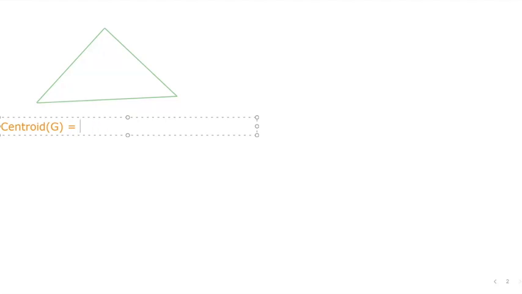So centroid is the meeting point or the intersection of the three medians in a triangle.